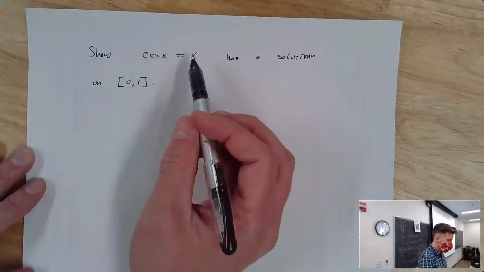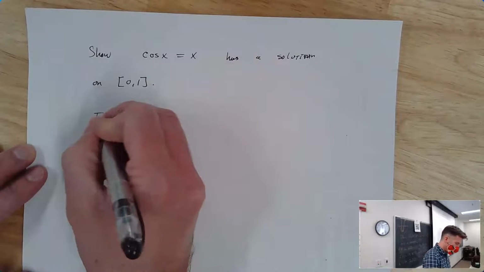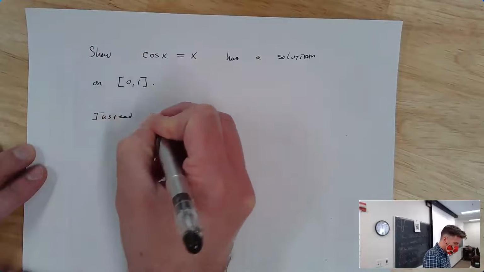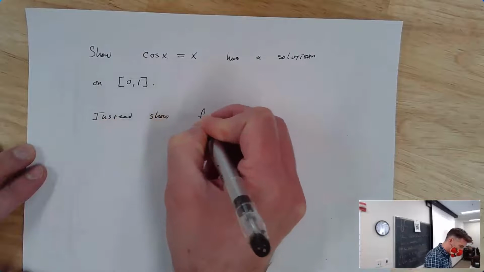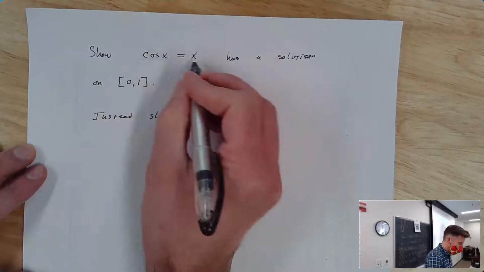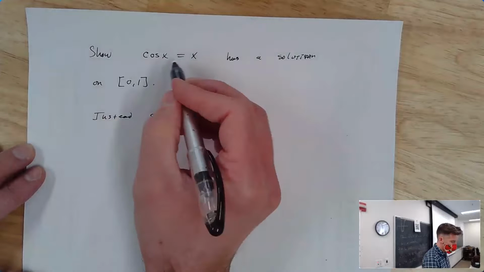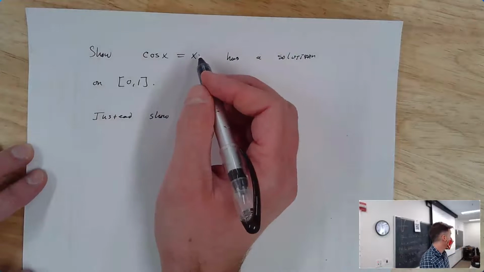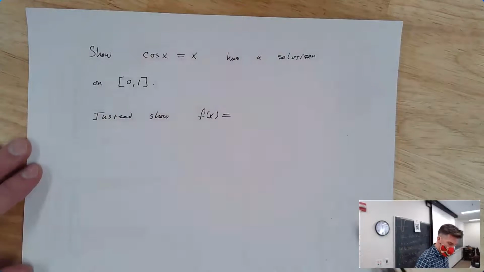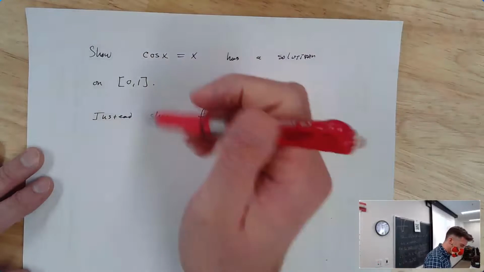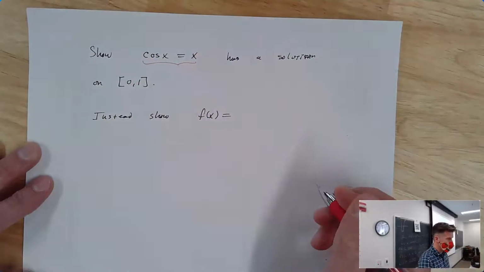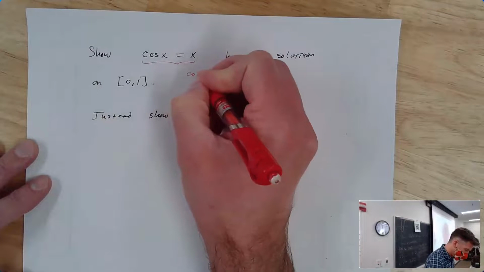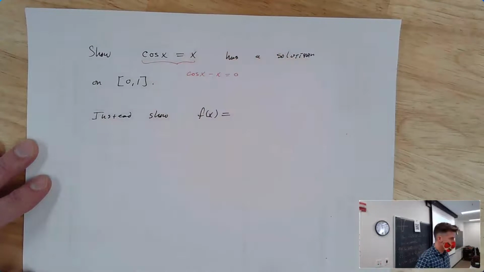So I'm gonna instead, we want to show that f of x equal to, I don't want to show that this is equal to that. I want to show that cosine x minus x has to equal 0. Because that's going to be way easier. So always be rethinking of the thing you're trying to show the solution to as something equal to 0.